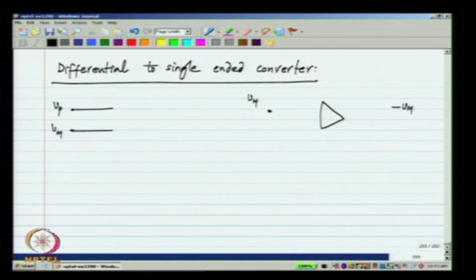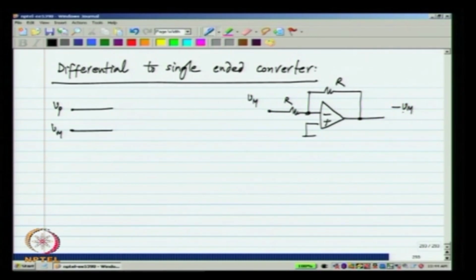What could I do? I could use an inverting amplifier of gain minus 1. So, let us say I make this R and R. I know that the output will be minus Vm, and this is the op amp. Ideally, it keeps these two voltages the same, and the output will be exactly equal to minus Vm.